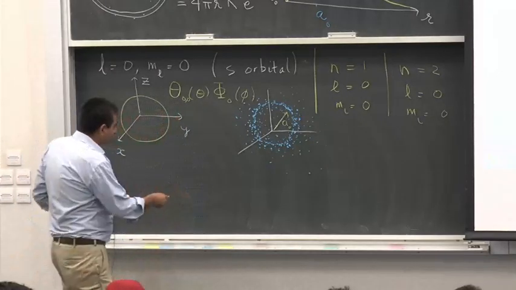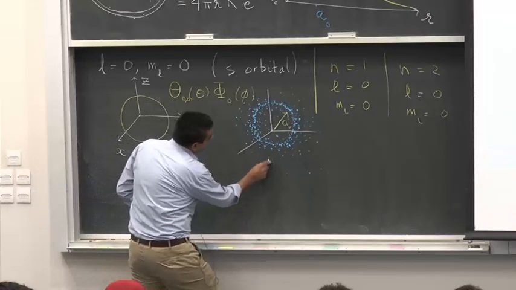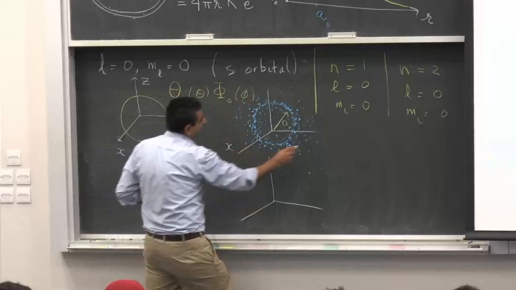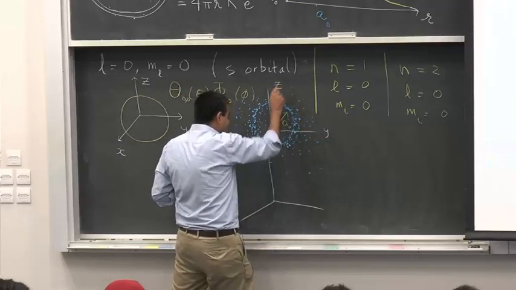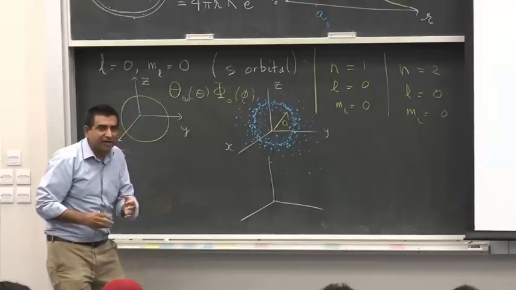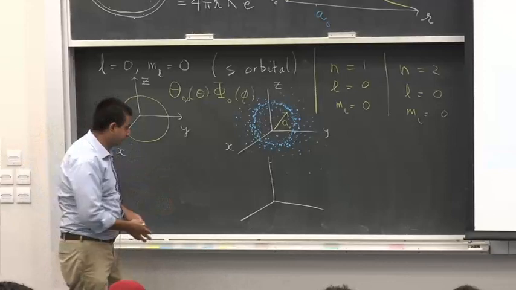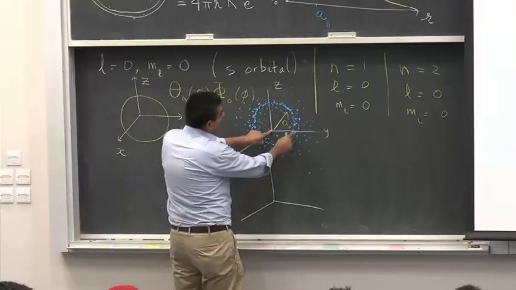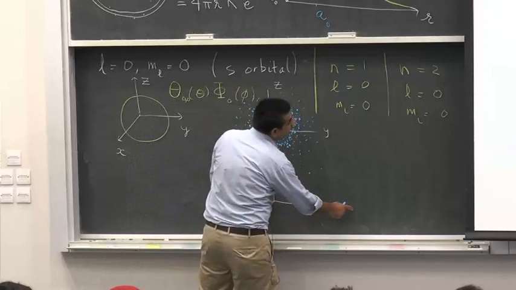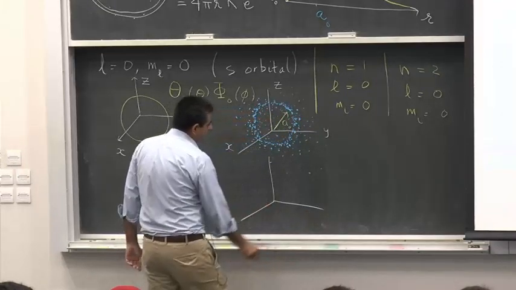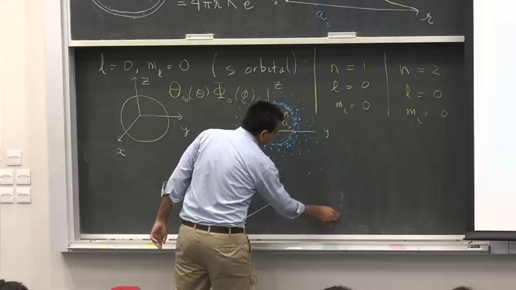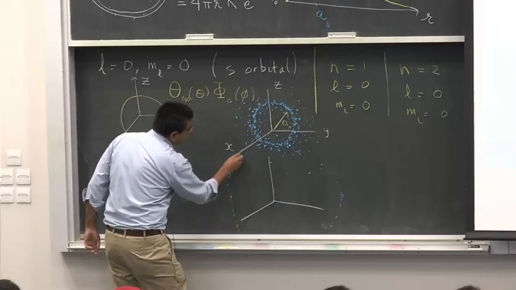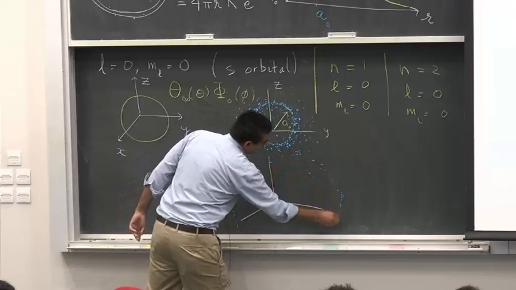So for a 2s orbital, if I were to draw it on the same scale, this is my x-axis, y-axis, z-axis. If an electron in a hydrogen atom were excited to the 2s orbital, there would still be spherical symmetry, but instead of being A0 here, you would have 4A0. So the electron will be spread out further in space. There will be maximum likelihood of locating the electron here at 4A0.